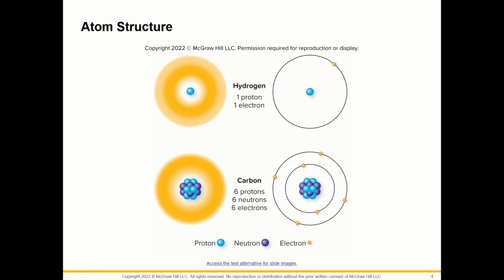And so the same rule applies as the atomic number has to be the protons. Carbon has 6 neutrons in its natural state, but it can actually gain neutrons and become an isotope. It can actually become a heavier version of itself.